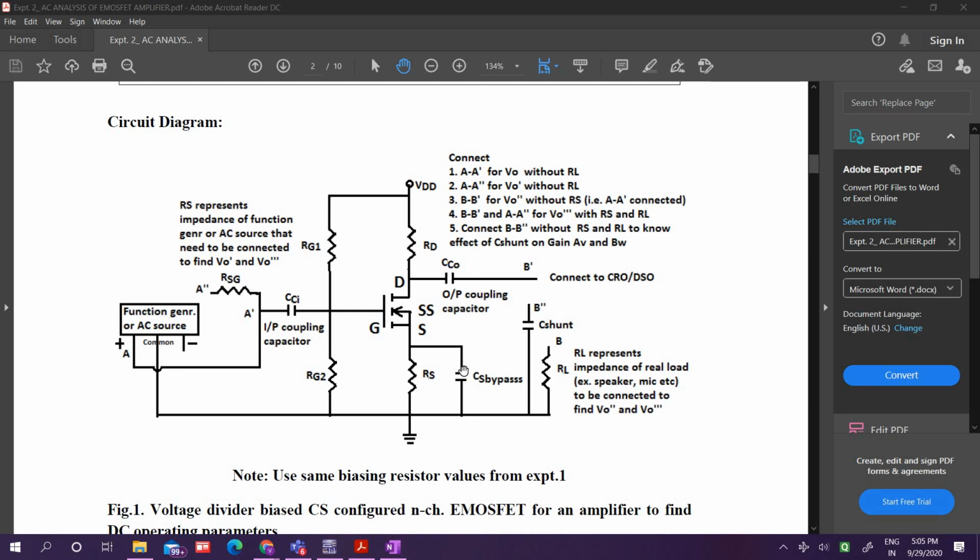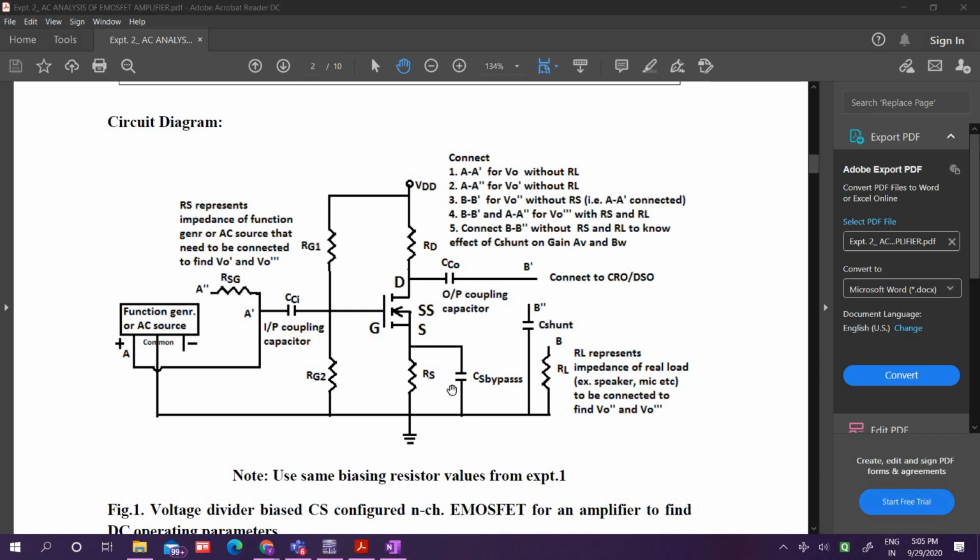Now this is a bypass capacitor. To improve the output, as in the last experiment we obtained the equation for this outer loop, that is VDD equals ID into RD plus VDS plus ID into RS. If you eliminate the voltage drop across RS, it can increase the VDS value, and that is directly responsible for increasing your gain.